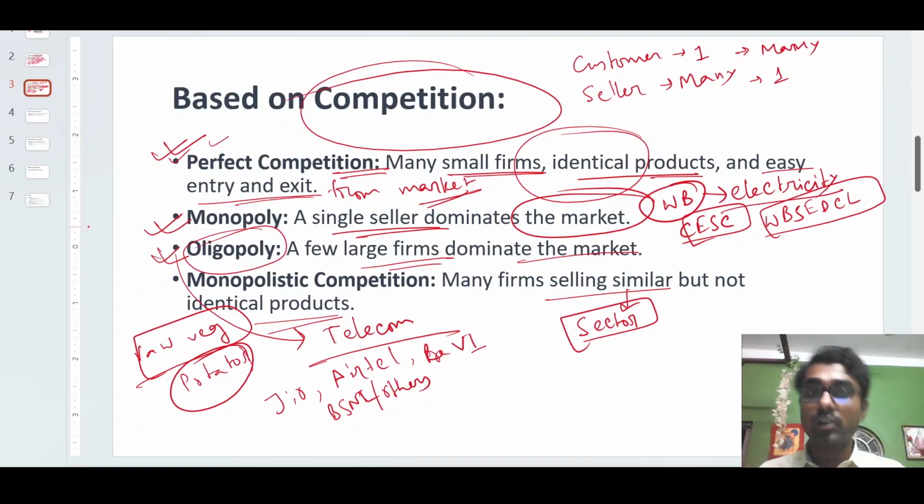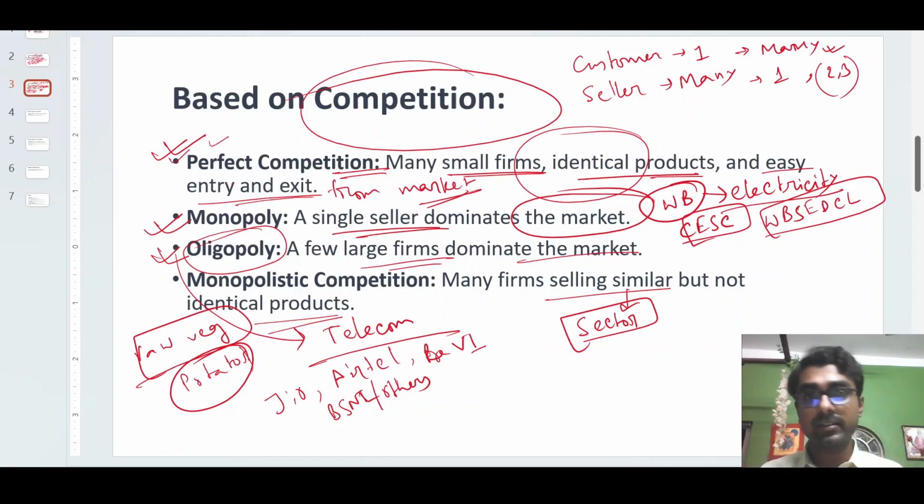Next is the oligopoly market. In oligopoly, the number of sellers is few, meaning 2 or 3, but customers are definitely many, right? So in an oligopoly market, these 2 or 3 companies basically decide the pricing of that product.